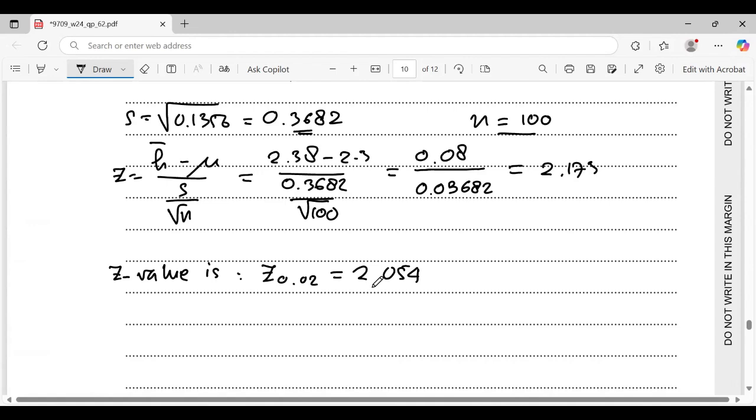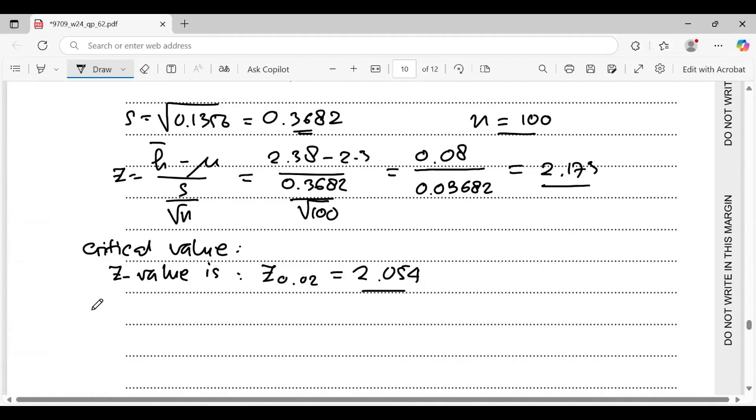This is the critical value. If you compare 2.054 and Z, which is 2.173, 2.173 is greater than 2.054.